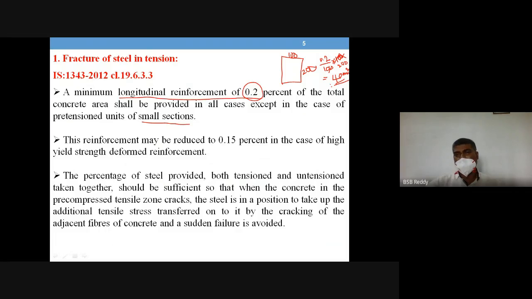And this reinforcement may be reduced to 0.15% in the case of high yield strength deformed reinforcement.